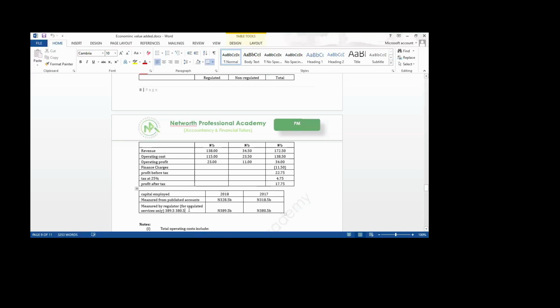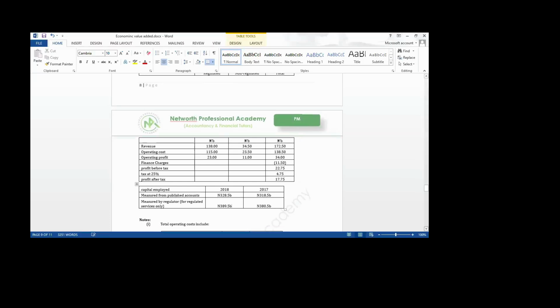So regulators say your capital employed is this. But in the company published accounts, this is it. Now look at it now. Examiner didn't give us total asset.